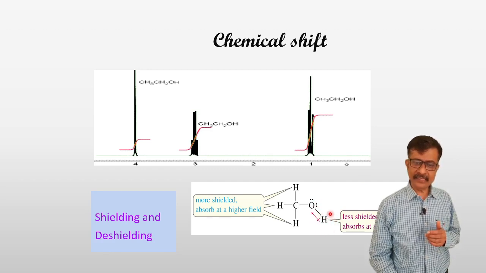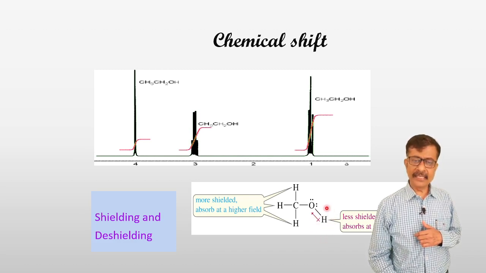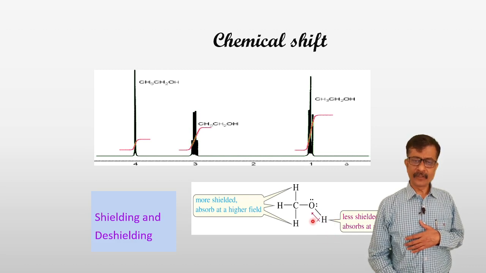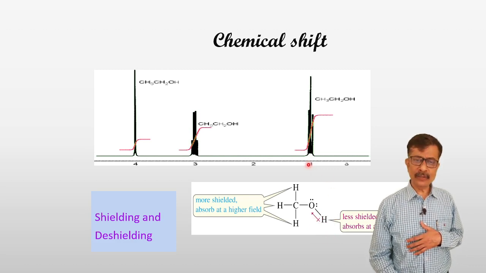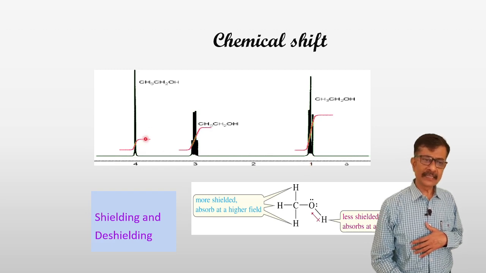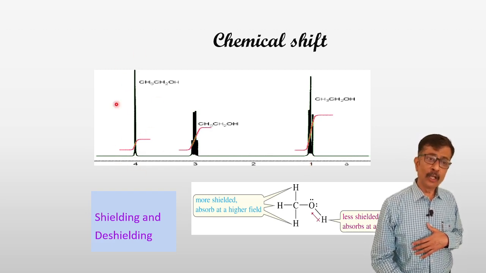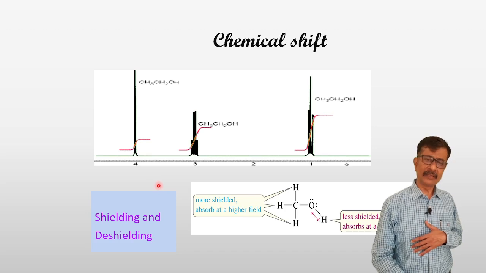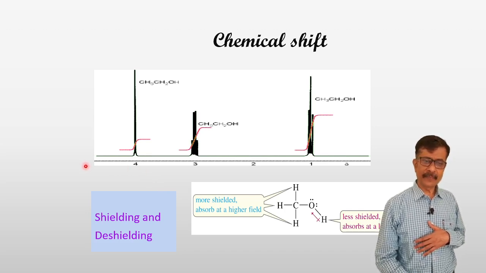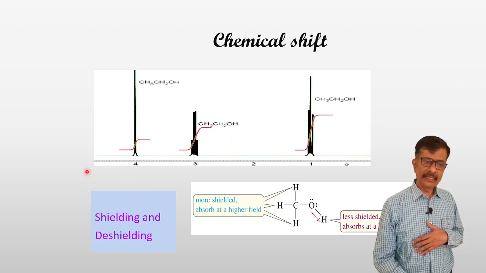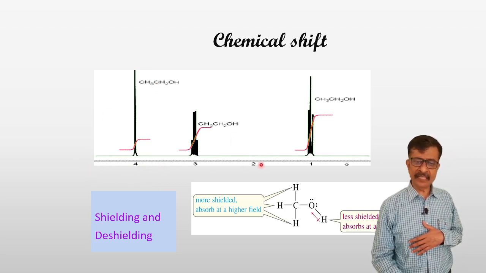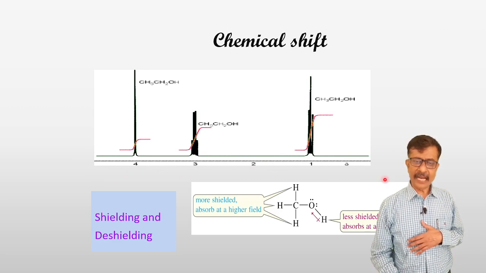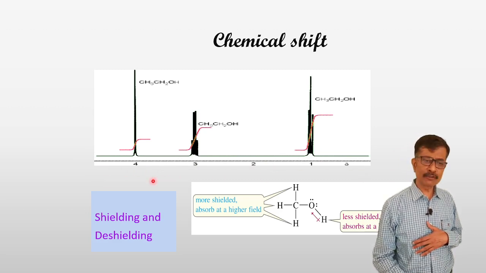Because the electron density around this hydrogen is reduced, it is de-shielded. So it will show a chemical shift value at a lower applied magnetic field. So the delta value will be more here, because the applied magnetic field will increase from this to this side, and the delta value will increase from this to this side.